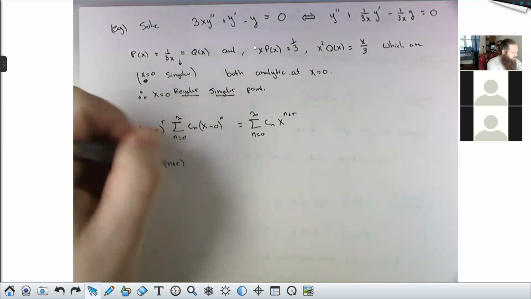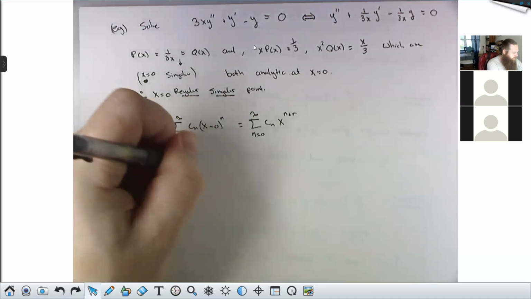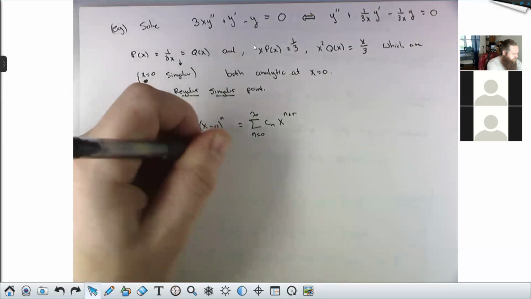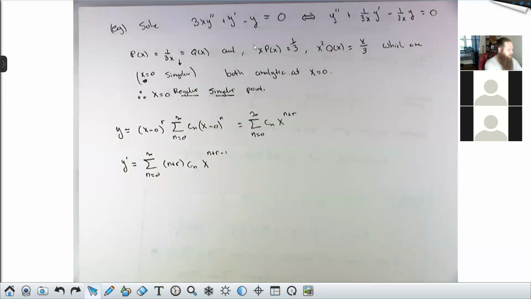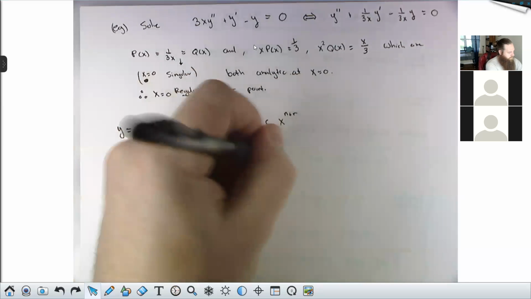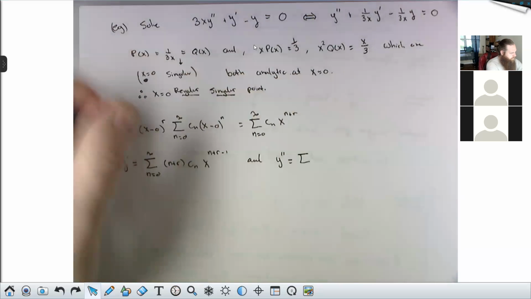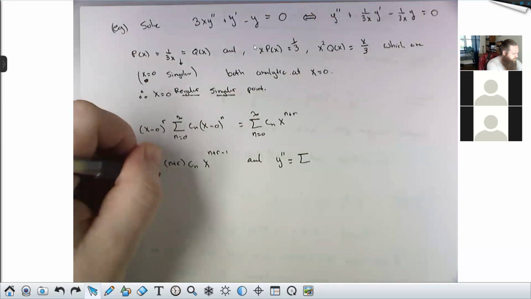You still differentiate the same way. The power comes down, I'll write it in front of the c n, and you get x to the n plus r minus 1.